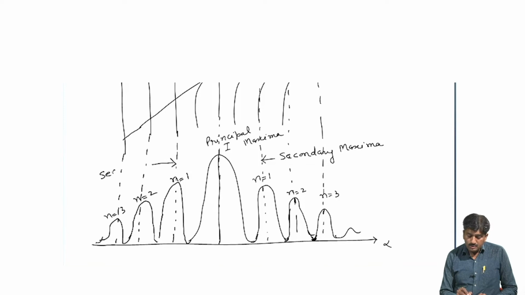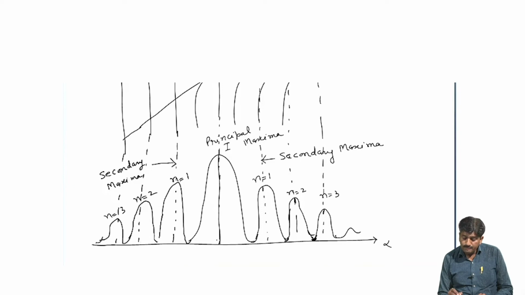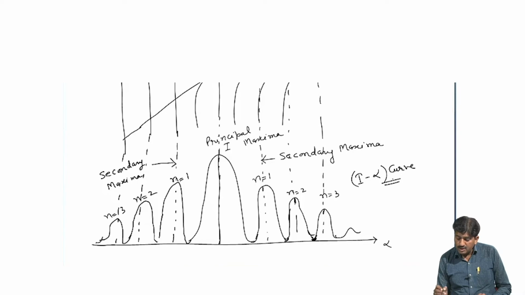These are again secondary maxima, and this is also known as the I alpha curve, which represents the intensity variation with respect to alpha.